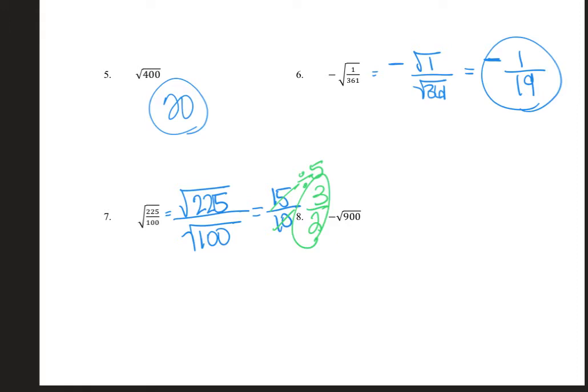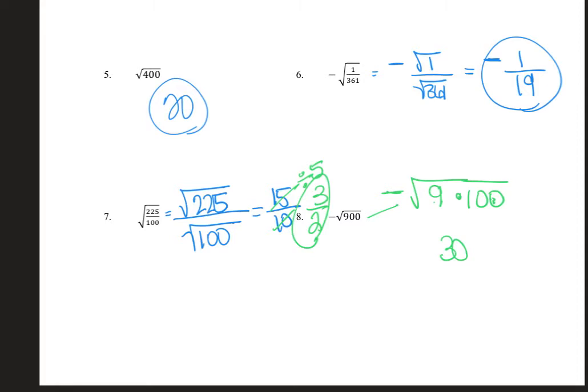And then this one, 900. Again, if it's bigger than your chart, what do you do? Well, here's the thing, it's going to work out somehow. I know right off the bat that I have 9 and I have 100, right? I could rewrite 900 as 9 and 100, which are both on that list. So 9 would simplify to 3, 100 would simplify to 10, and 3 times 10 gives me 30.